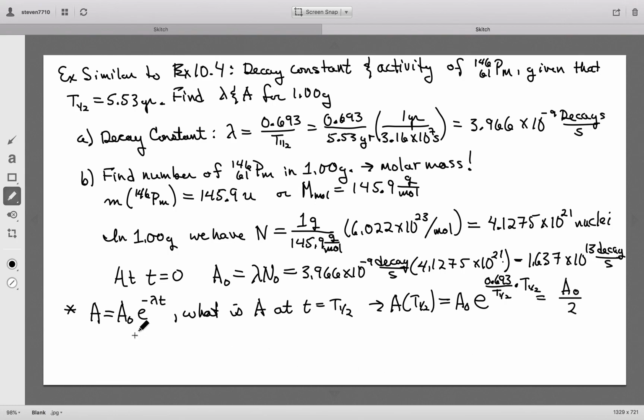Right? And so after 1 half-life, the activity has also become half its original value. Activity is halved. Pretty interesting. Not a big surprise. So we'll end this video here and we'll start up the next one.